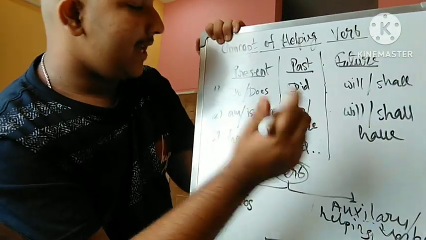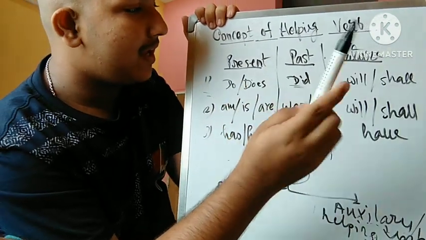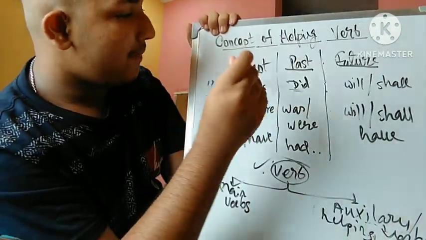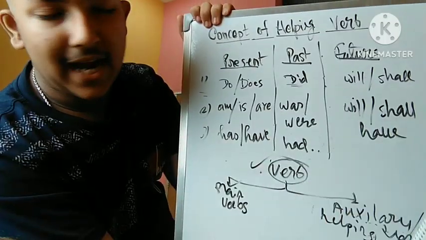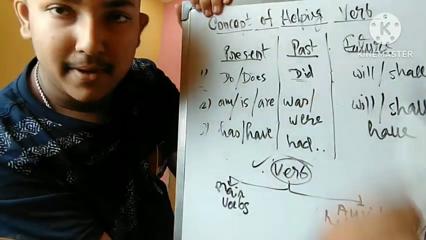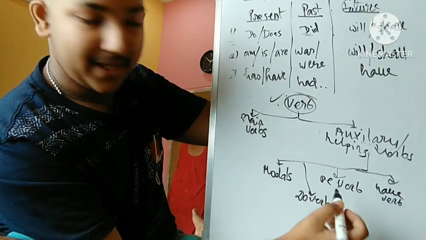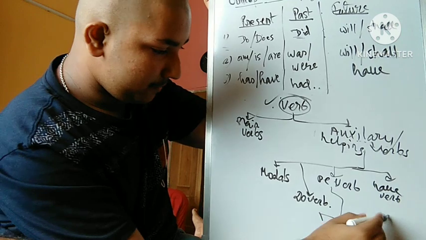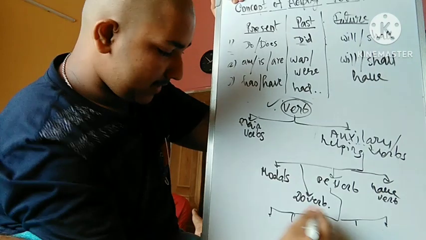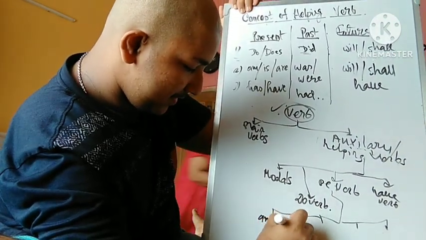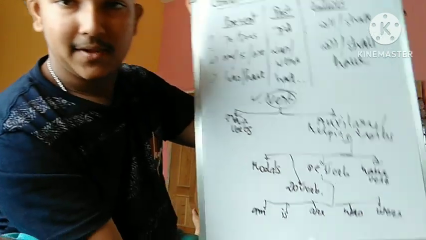So helping verb can also be classified into three parts, that is present, past and future. In present we have do, does. If written in any sentence, be sure that this always falls under present tense. Here the be verb has five parts: am, is, are, was, were.